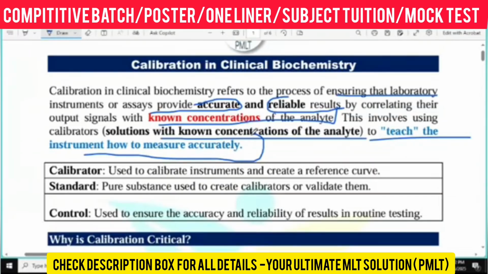So calibration is nothing but teaching. We have to teach the instrument the reagent's mechanism as well as how to perform the test, so we use the calibrator to teach the instrument. Calibration is the procedure to teach the instrument to do the test properly.